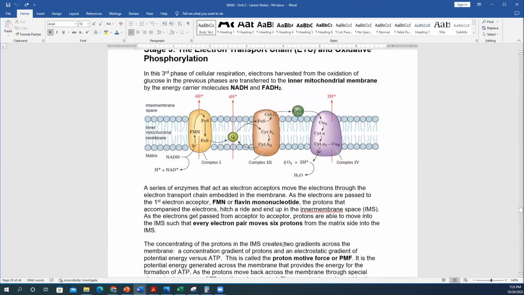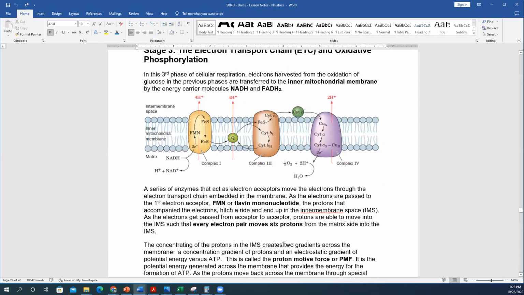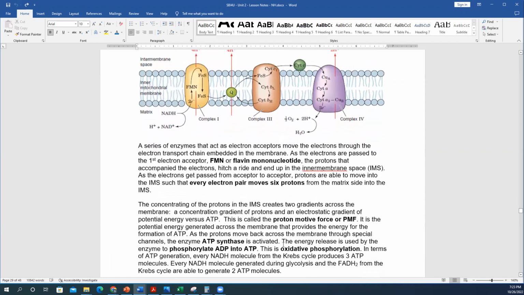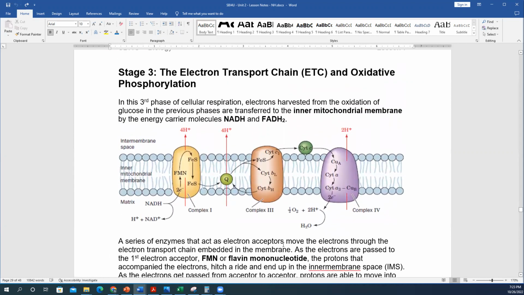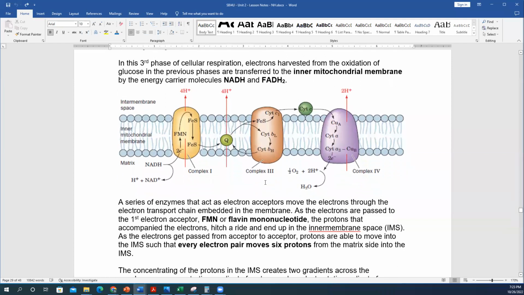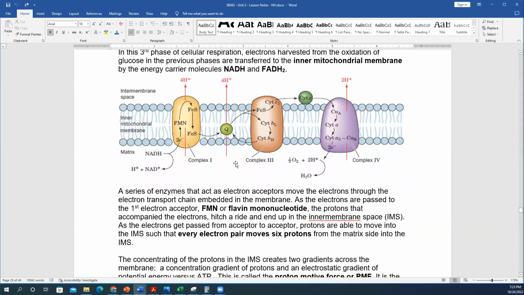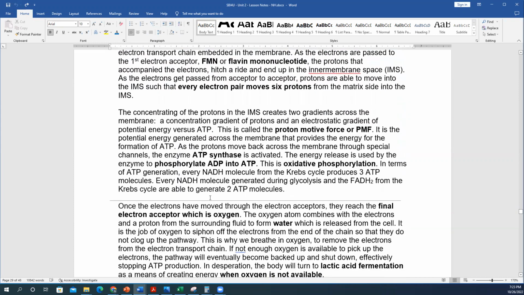We talked a little bit about the electron transport chain and how the electrons were passed down by these energy carrier molecules of NADH and FADH2, and how the whole complex is located on the inner mitochondrial membrane.